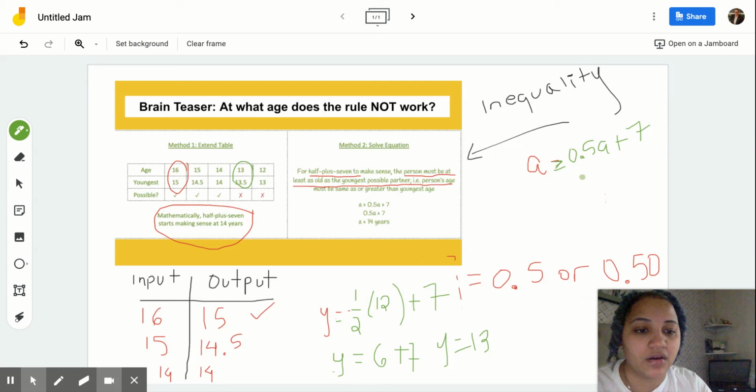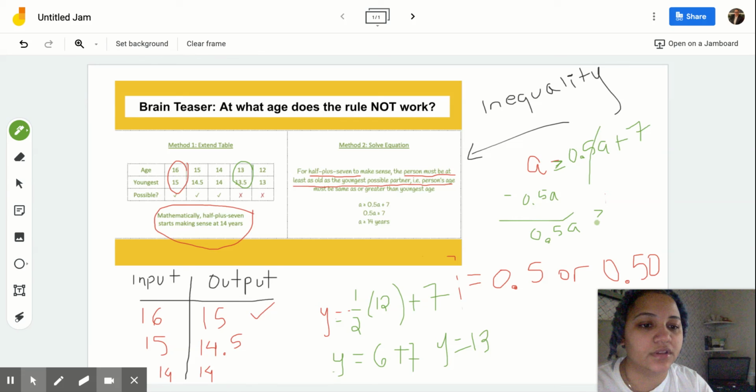So now we have 0.5A, and we subtract 0.5A. Same thing here, but this one would cancel out. So now we have 0.5A, because we still have half the A, and 0.5A is greater than or equal to 7.